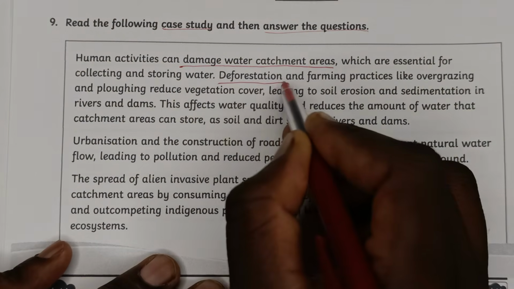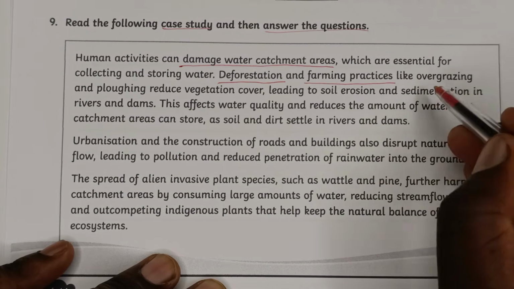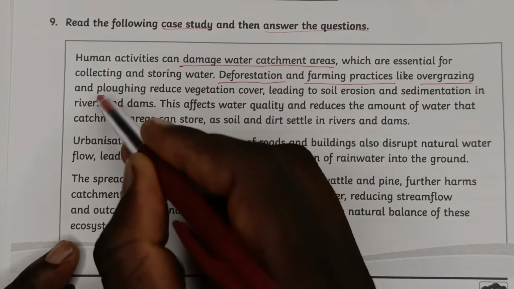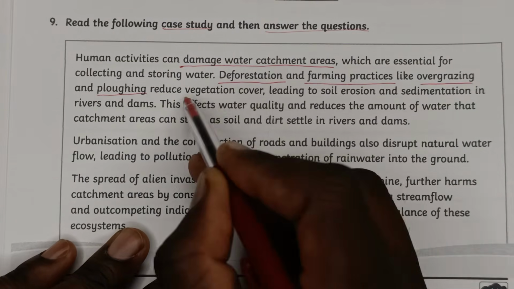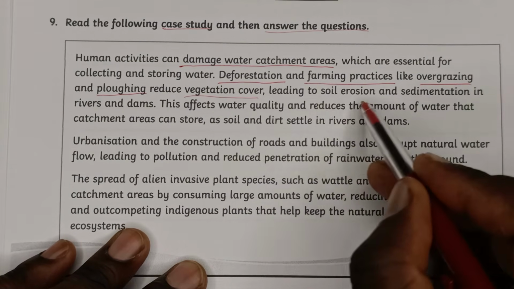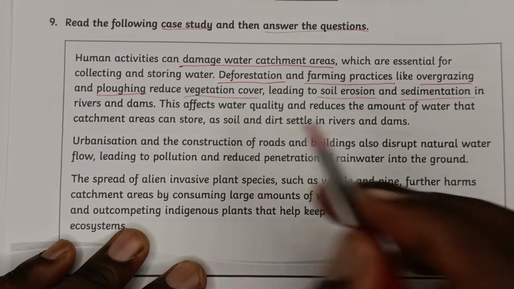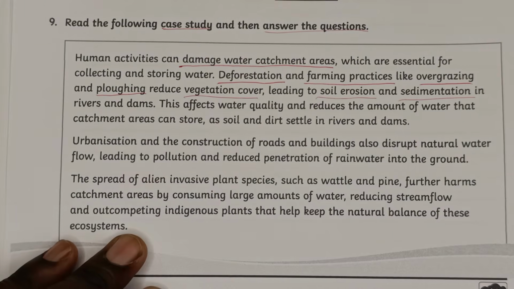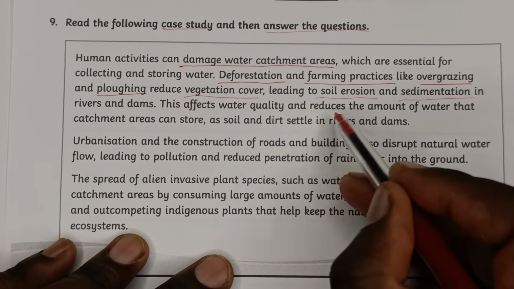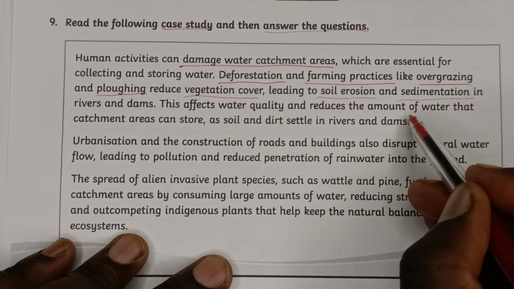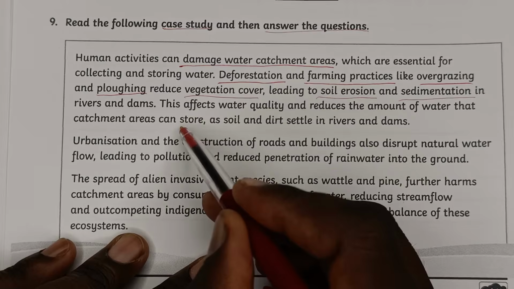Deforestation and farming practices like overgrazing and plowing reduce vegetation cover, leading to soil erosion and sedimentation in rivers and dams.